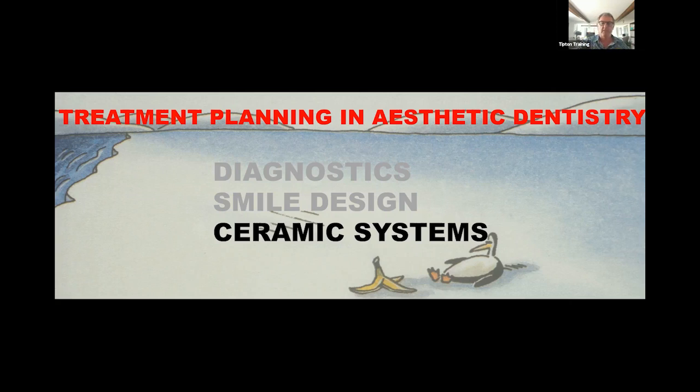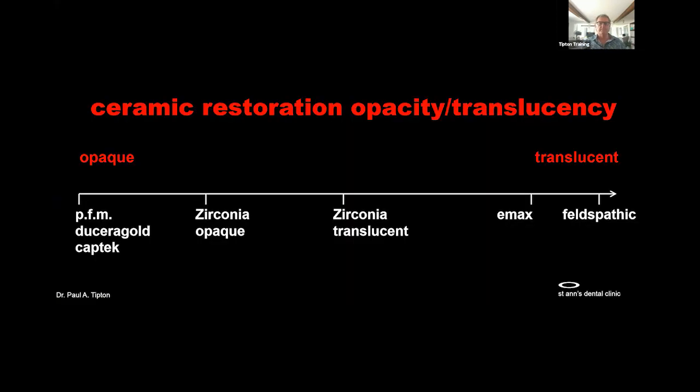So let's look at the ceramic systems first of all. What is the difference between the systems? The difference between the systems is aesthetics on one side and strength on the other side. And when we go with aesthetics, we're talking about translucency. And unfortunately, the most aesthetic, the most translucent is also the weakest.